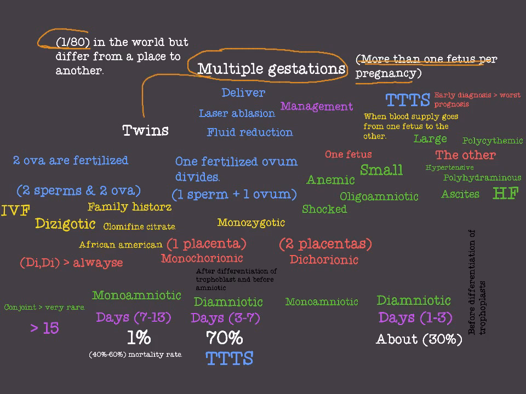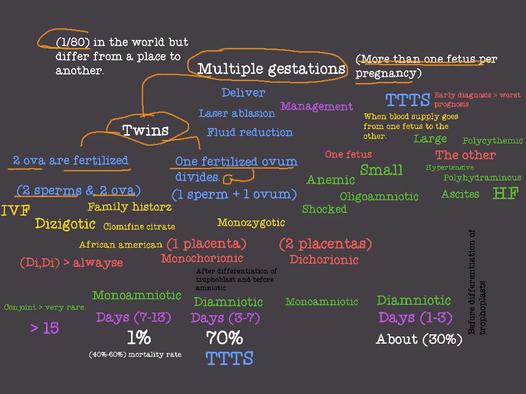Let's now talk about the twins. Actually, we have two types of twins. A type that results from two separate ova that are fertilized, and the other type is one fertilized ovum that divides into two after that. In the first type, two sperms fertilize two ova to make two fetuses.